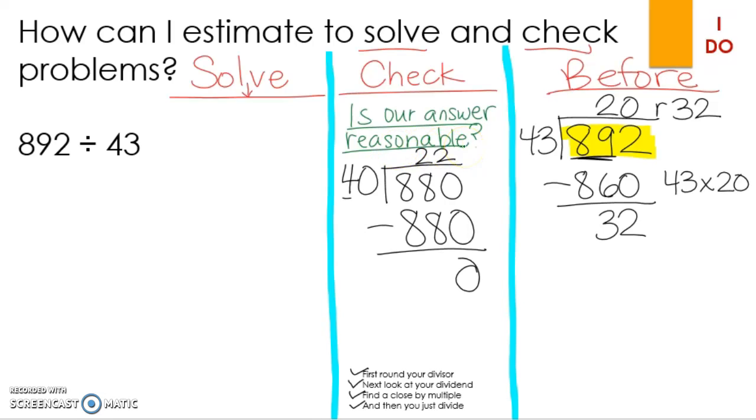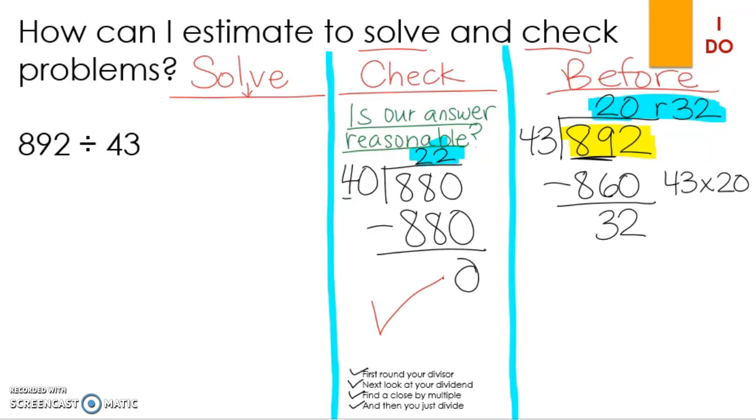Does it make sense? Well, yeah, it does, because 22 is very close to 20 with the remainder of 32. So we can conclude that our answer is reasonable, which means our answer makes sense.